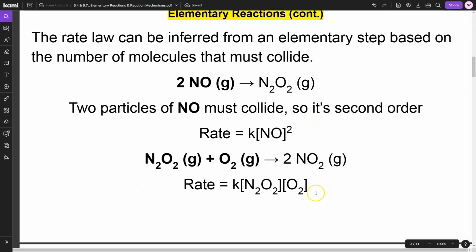And if we were to write that out with the rate law, it would be our rate constant times our concentration of dinitrogen dioxide and then our oxygen. Those are each to the first order. If I combine those 2 things, that would be 2. So 1 plus 1 equals 2.